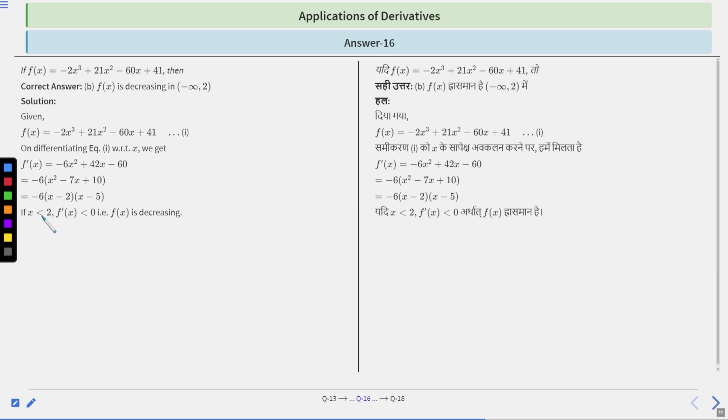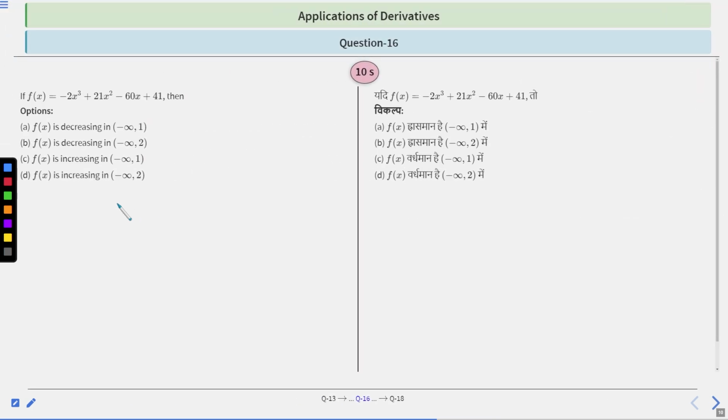So if x is less than 2, f'(x) is less than 0. Therefore, if x is less than 2, f(x) is decreasing, clear. Therefore option B is the right choice: f(x) is decreasing when x is between minus infinity and 2, clear.